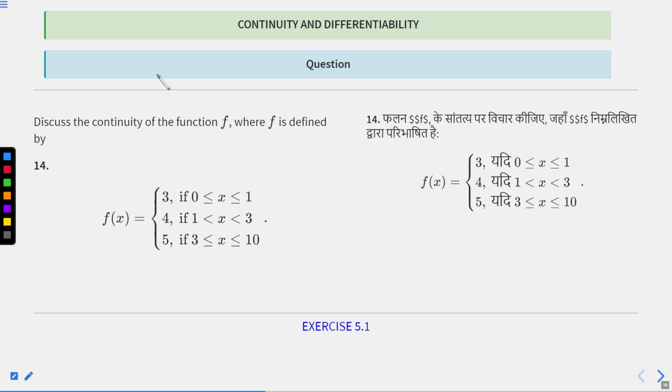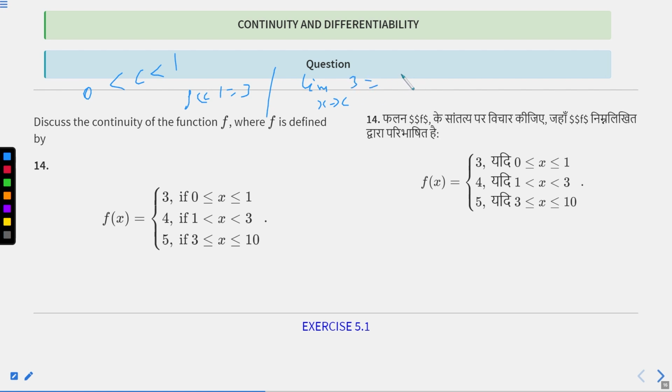So first of all, quite easy. If c is in between 0 to 1, then your f of c will be 3, as you can see. Now limit x tends to c will be what?